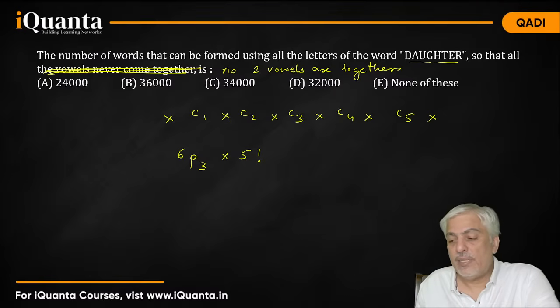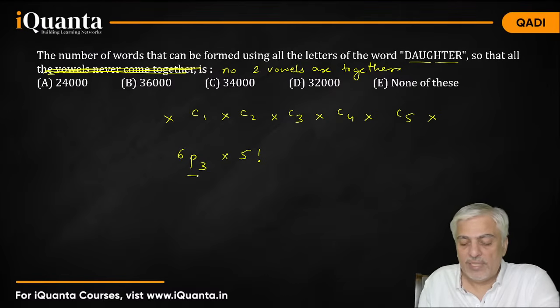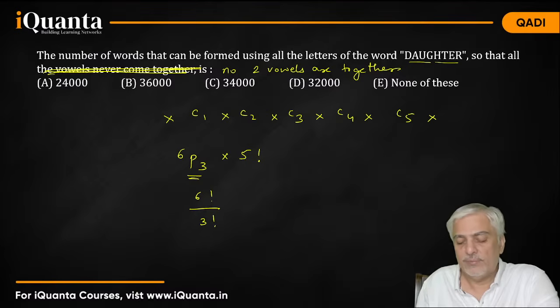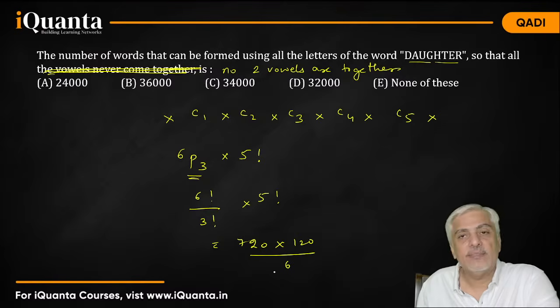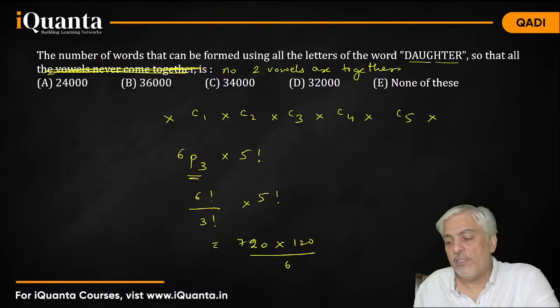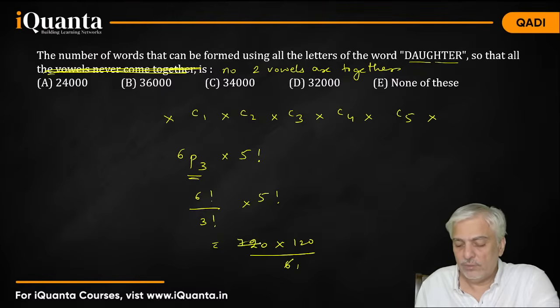What is 6P3? nPr is n factorial upon n minus r factorial, into 5 factorial. So it will be 720 into 120 upon 6. So it's actually 5 factorial into 5 factorial. 120 into 120, 14400.